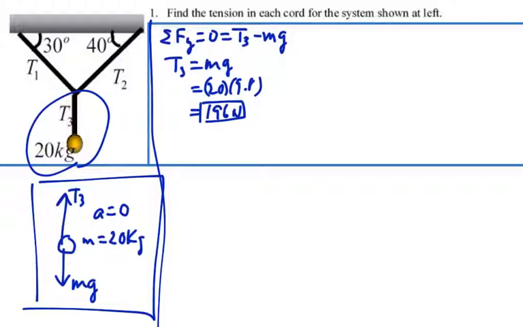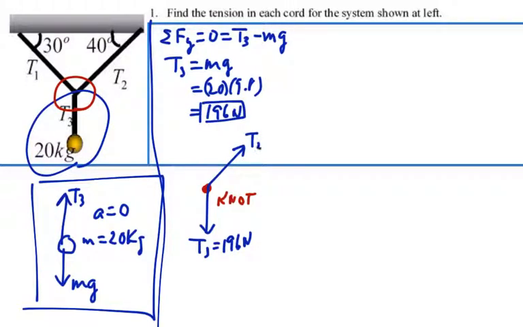So there's tension 3. We want to find the other tension, so we're going to focus in now on the knot. We note that the knot is not moving. We have tension 3 pulling down, 196 newtons. We have tension 2 going off this way, and tension 1 going off this way.